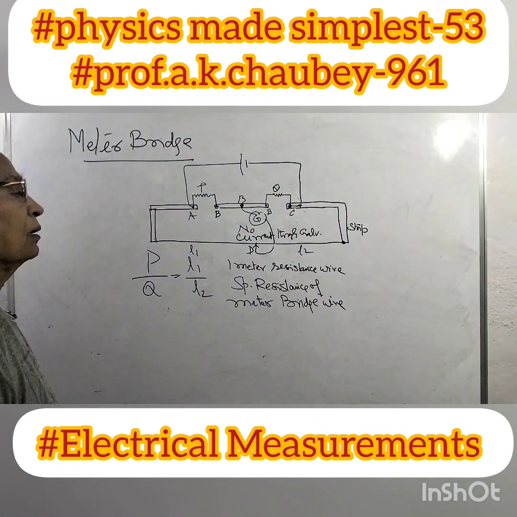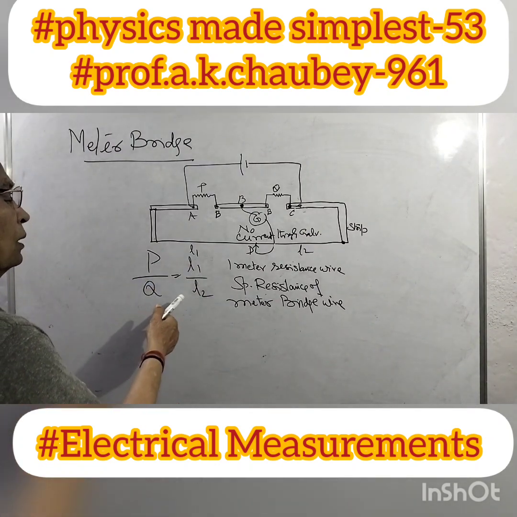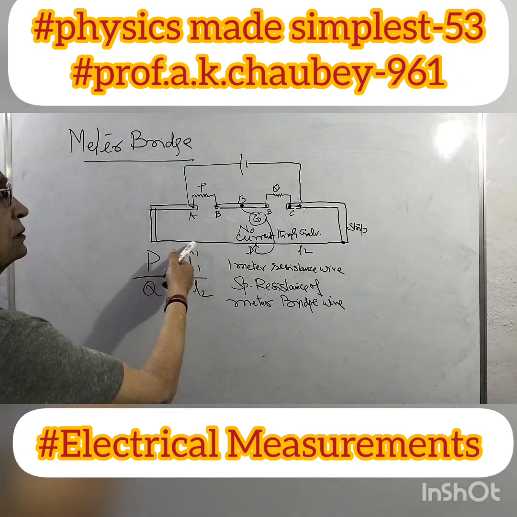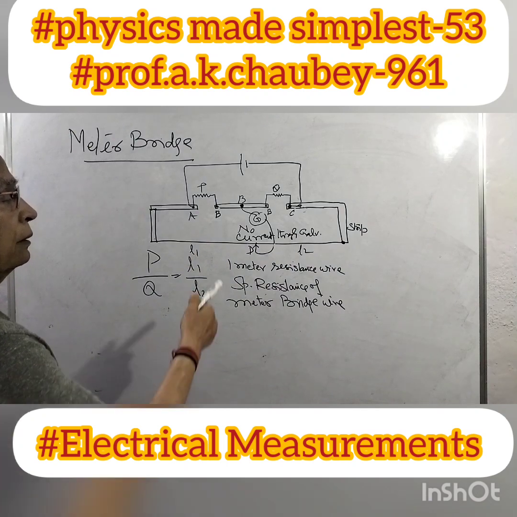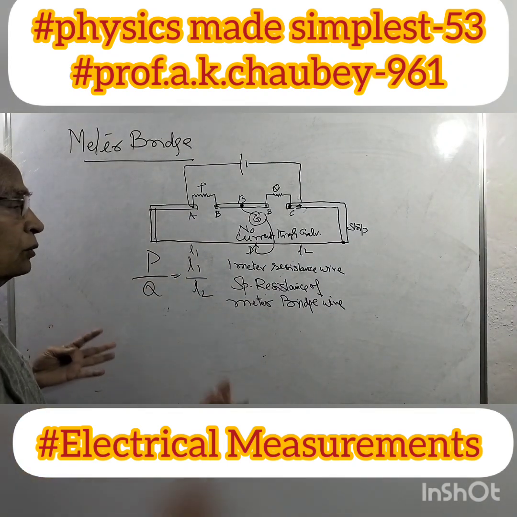By knowing L1 over L2, and P and Q, since this is the same wire, we can get the resistance of this much length, which is proportional to the length and inversely proportional to area.